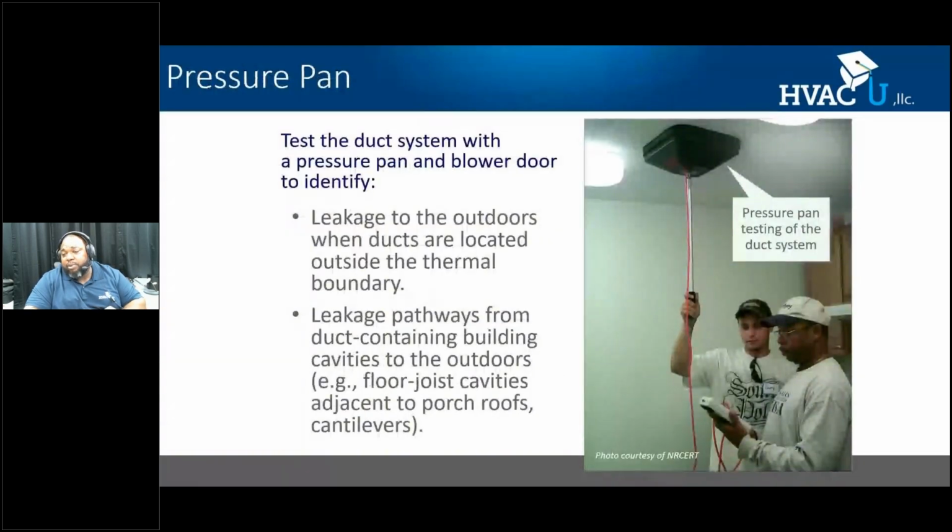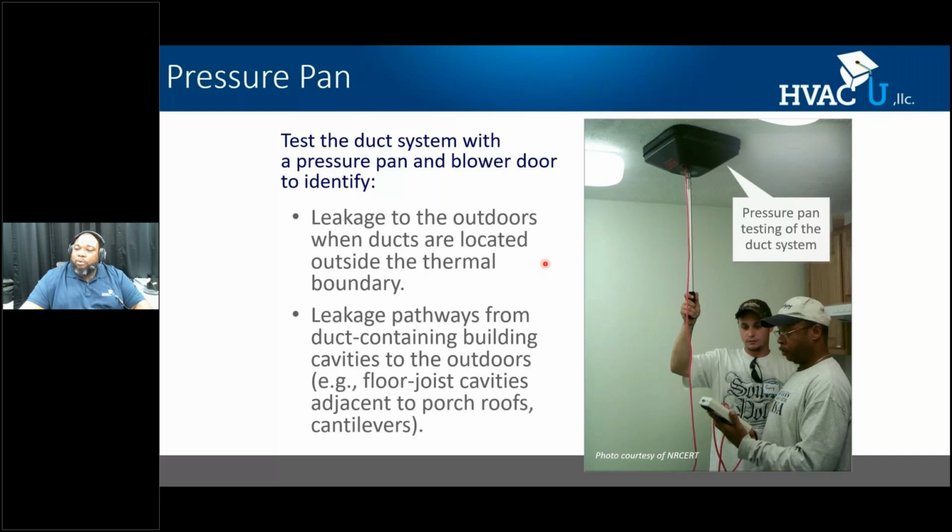First, let's talk about the pressure pan. This pressure pan test is used in conjunction with a blower door. We talked about the blower door in our first lecture presentation, part 1, for the load count. When the blower door is operating, I can use this encapsulated pressure pan, which is connected with a tube to a manometer.